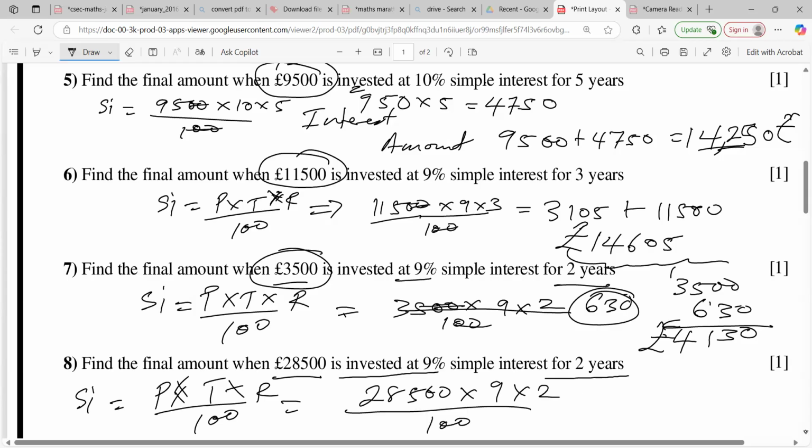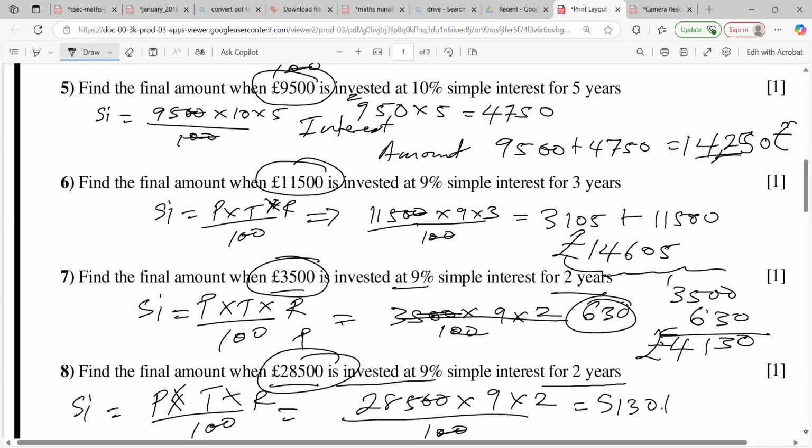Over 100. Guys, now I use the calculator for speed. My calculator gives me 5,130. All right, and I need to add the original, which was the principal, right? Which was 28,500.